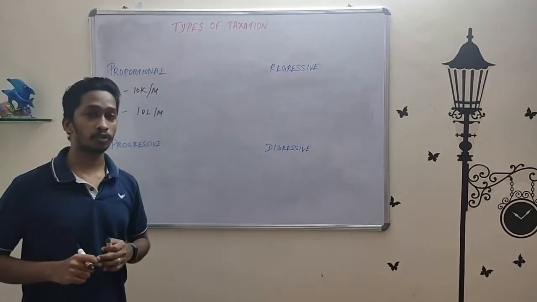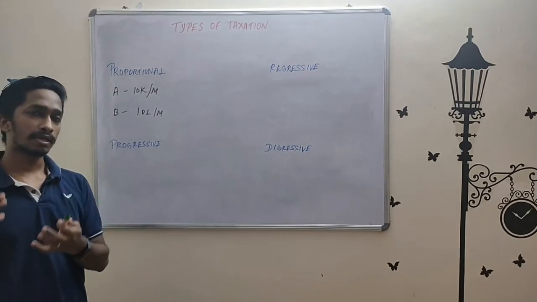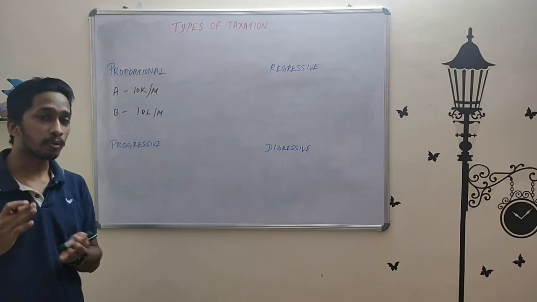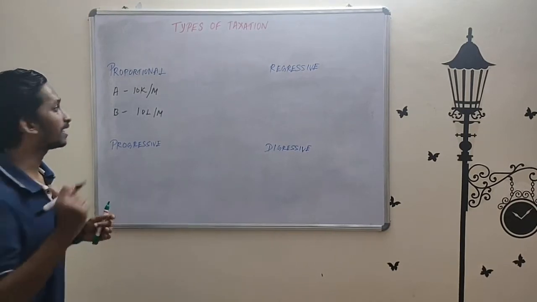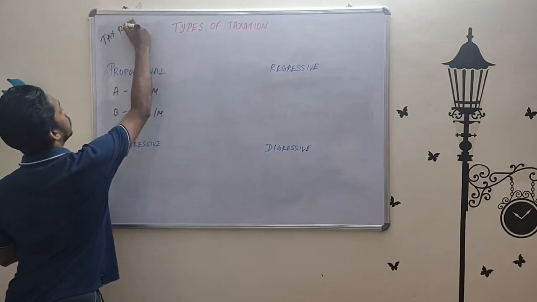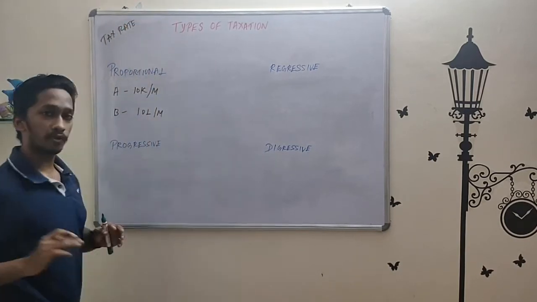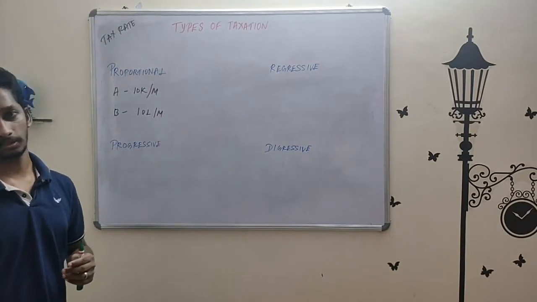First of all, proportional tax. Just like the name specifies, it is expecting you to pay a proportion of your income. Everyone is charged the same tax rate. Irrespective of your income, everyone has to pay the same percentage of tax.